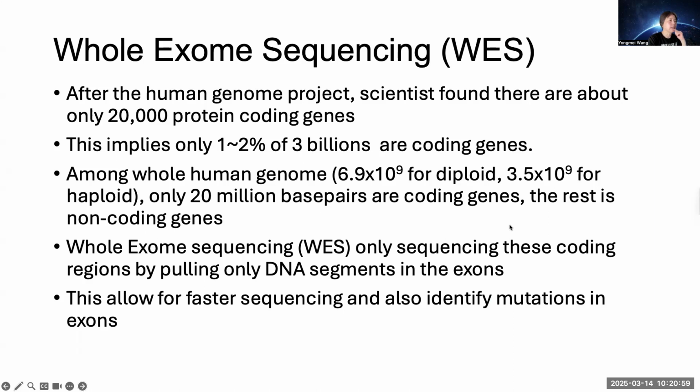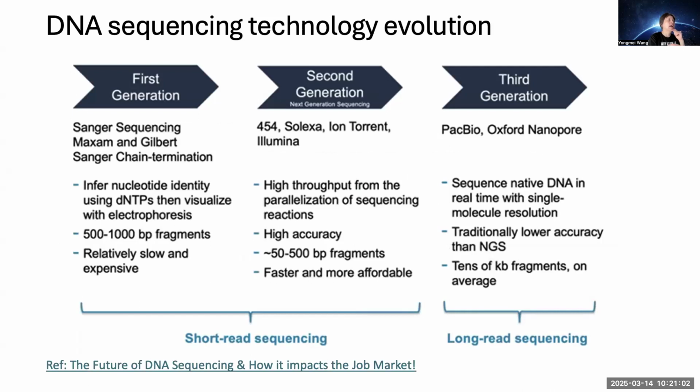So let's move on. Let me tell you a little bit about how DNA sequencing technology changed so much from the early 2000s to now. The earliest sequencing technology, which some of you probably already know, is called the Sanger sequencing method. It is a very traditional, the earliest sequencing method. You can learn that in molecular biology or any biology textbook, I believe.